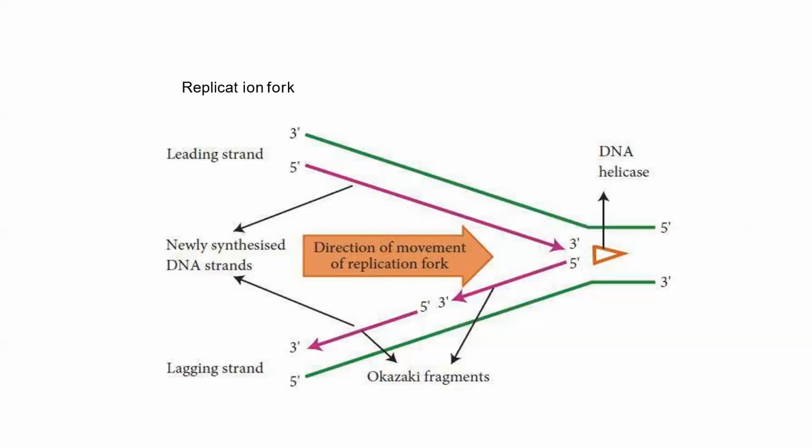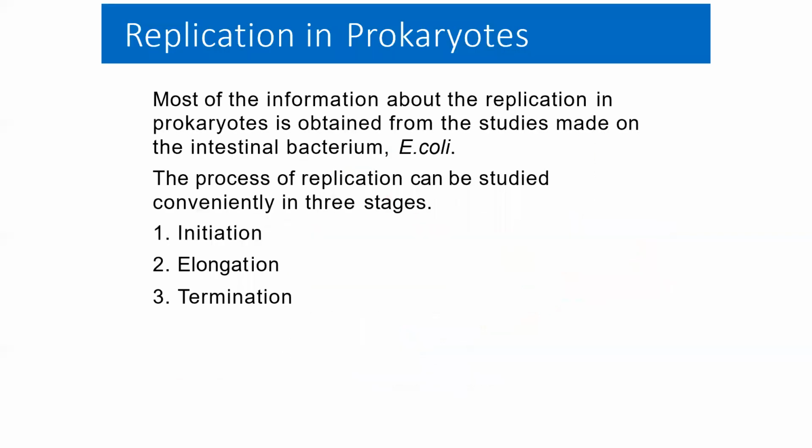The Okazaki pieces are ligated together later to form a continuous strand of DNA. The leading strand proceeds 5' to 3' in the same direction as the replication fork movement, whereas the lagging strand runs 5' to 3' opposite to the direction of replication fork movement.